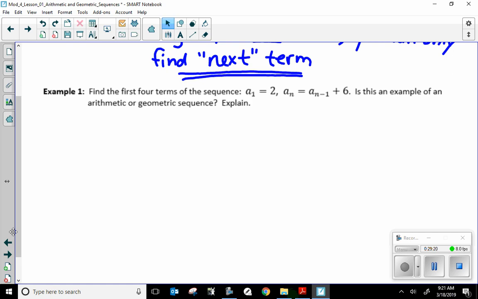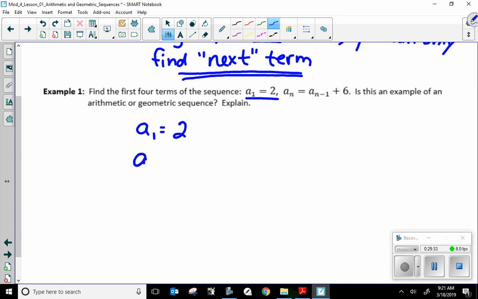Explain. All right, here we go. I'm going to take A1. They give that to me. That's 2. I need to find A2, A3, and A4. These are the first 4 terms.